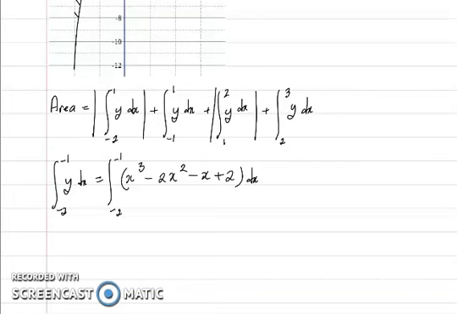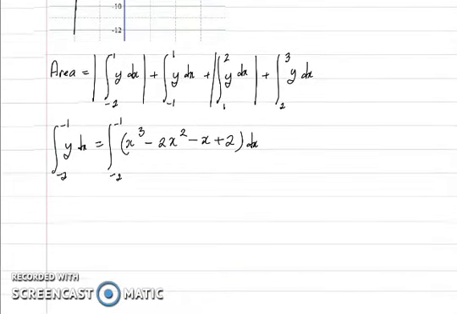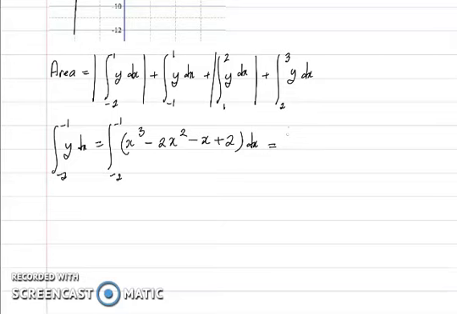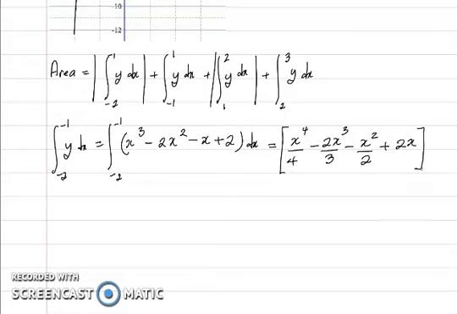Now, when we integrate this, if we integrate x cubed, we get x to the 4th power, increase the power by 1, then divide by the new power, which is 4, minus 2x cubed divided by 3, minus x squared divided by 2, plus 2x. And this is from x equals -2 to x equals -1.